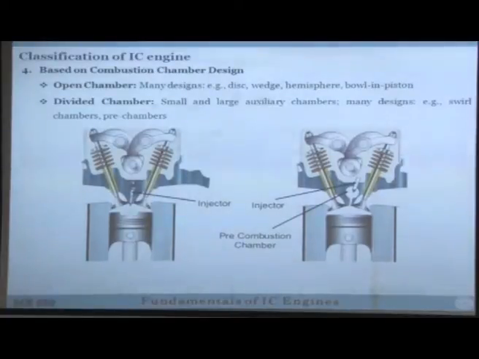Most of the engines that we use today are open chambers. These divided chamber engines are now used only for academic purposes. The beauty why they were used was that the turbulence is very high, so they could use poor quality fuel.